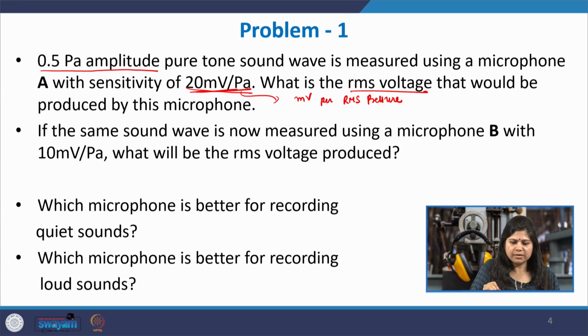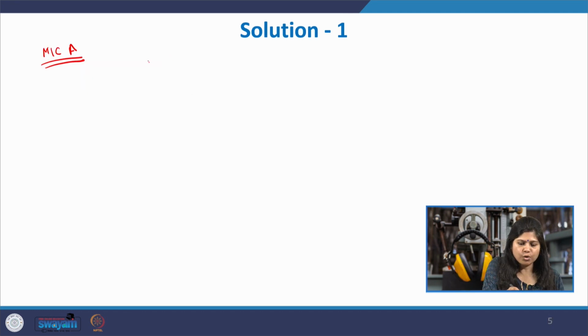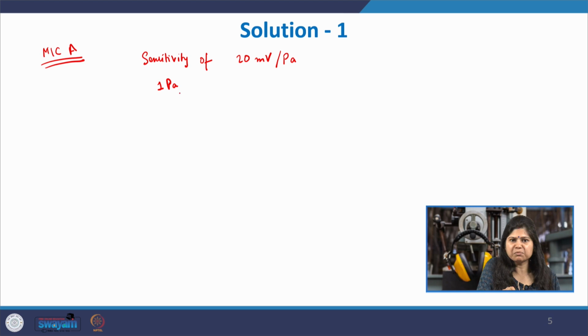So it has a sensitivity of 20 microvolt per Pascal, which means that if 1 Pascal of sound pressure is passed, be it an RMS pressure or amplitude, it will create 20 microvolts of voltage when it is passed through this mic A. So, 1 Pascal input, 20 microvolts is the output.